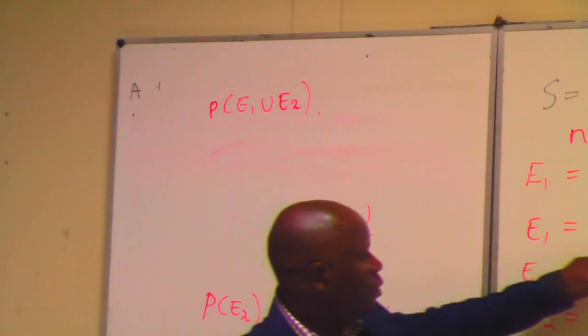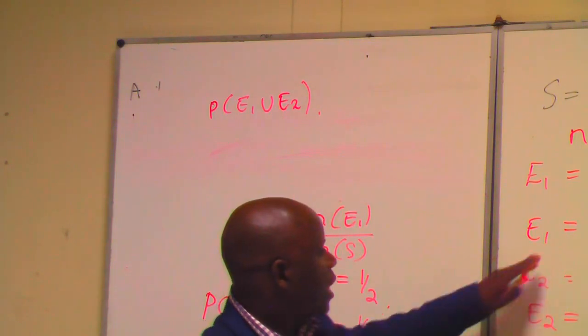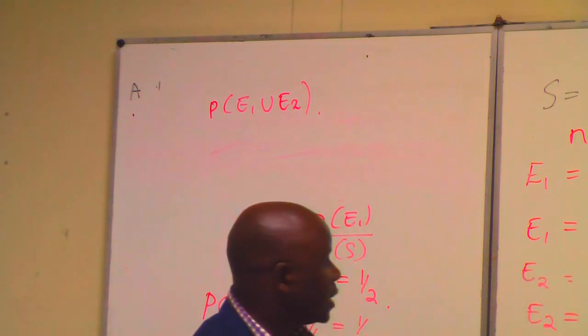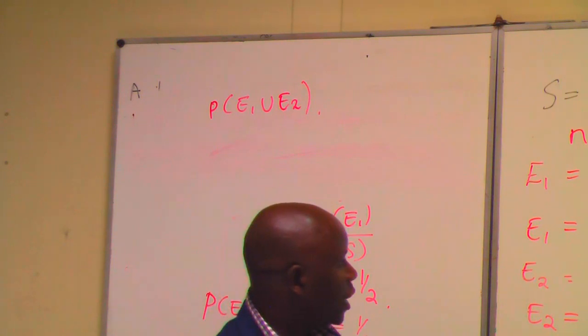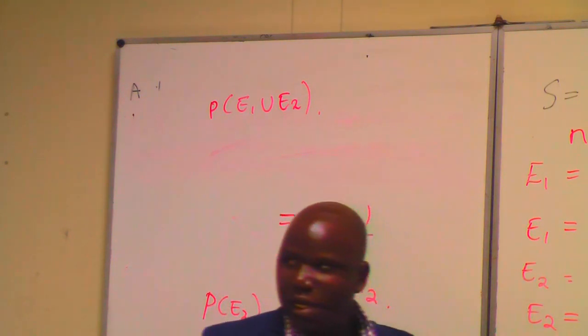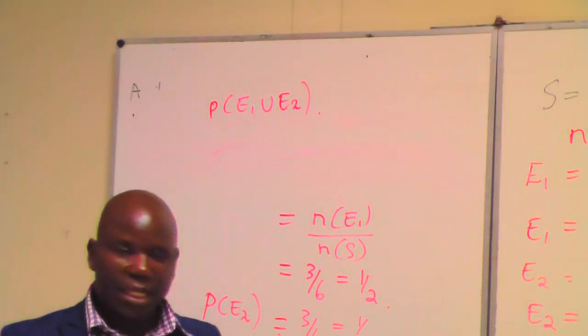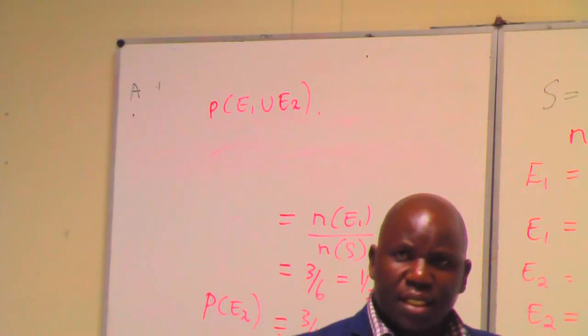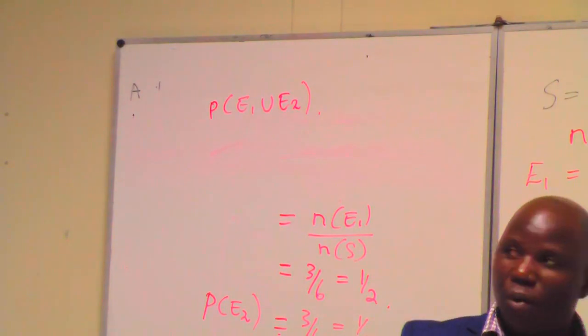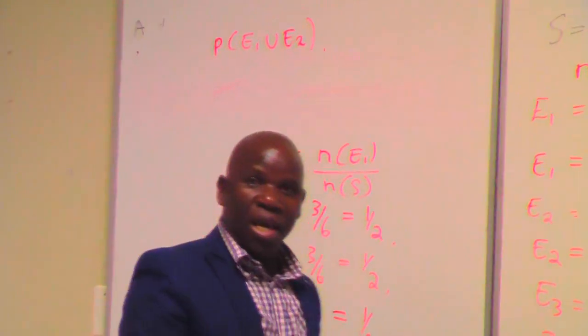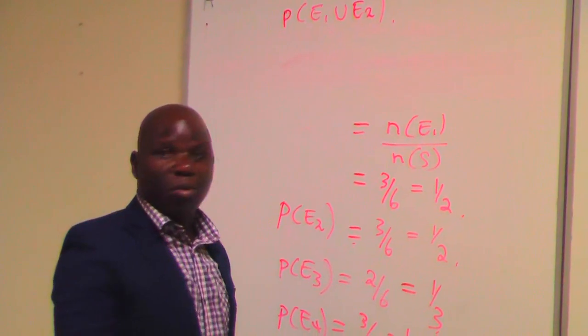What is the probability of E1? E1 is 2, 4, 6. What is E2? E2 is 1, 2, 3. So what is E1 union E2? That is very, very important, the aspect of uniting sets. And I want you to go back to our work on basic mathematics and make sure you appreciate what we are talking about when we talk of union.